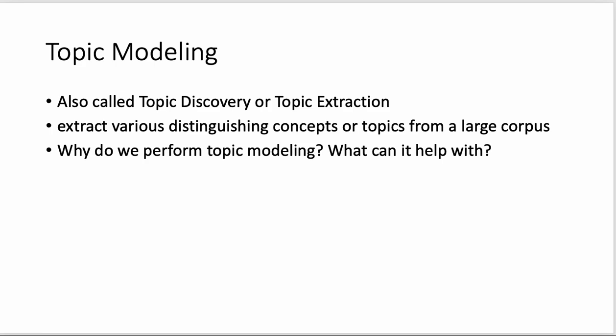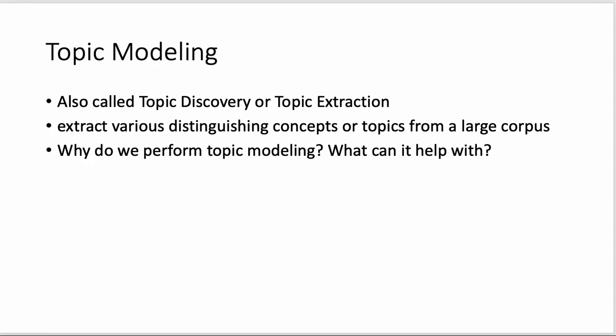They can extract various distinguishing concepts or topics from a large corpus that has different types of documents, and each document talks about one or more concepts. It does this by extracting features from the document terms, and then using mathematical structures and frameworks such as matrix factorization and SVD to generate clusters or groups of terms that are distinguishable from each other. These clusters of words form topics and concepts.